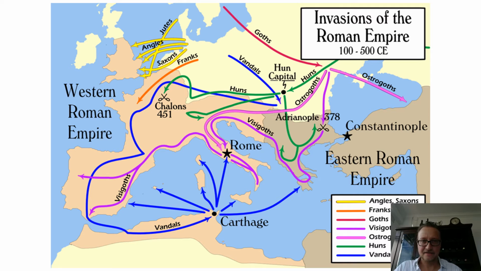But on the other hand, the Huns, people of Mongol origin, started to move westwards and put pressure on a whole series of people, and they fled towards the Roman Empire.